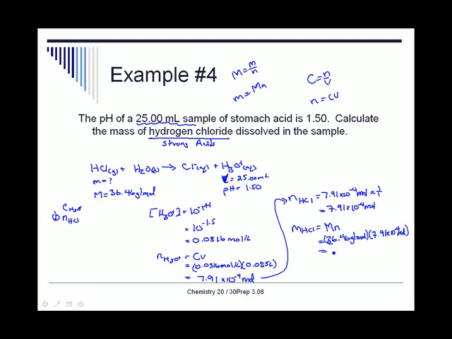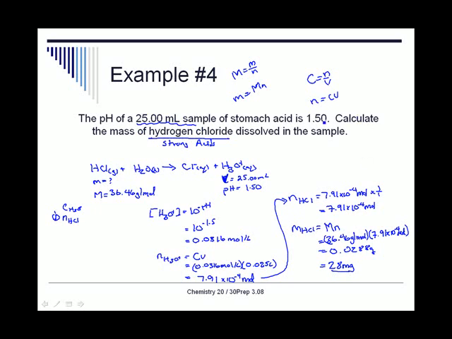And so we end up with 0.0288 grams, and I would convert that to milligrams, so we're going to multiply it by 1,000. So it would be 28, and I'm going to stop there. Two sig digs, 28 milligrams.